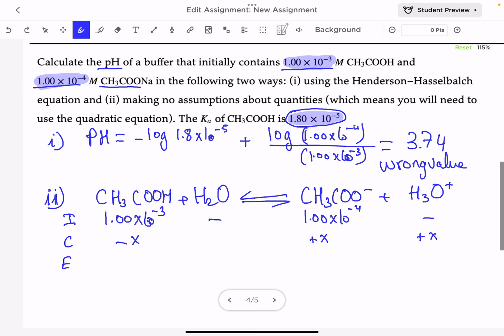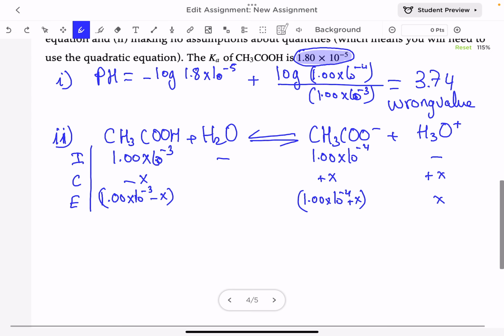And when we reach equilibrium, the remaining concentration of CH3COOH would be 1.0 times 10 to the power negative 3 minus X, and 1.0 times 10 to the power negative 4 plus X and X. So here's the ICE table.